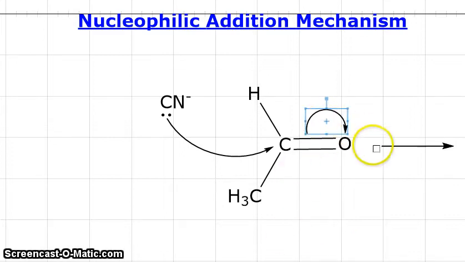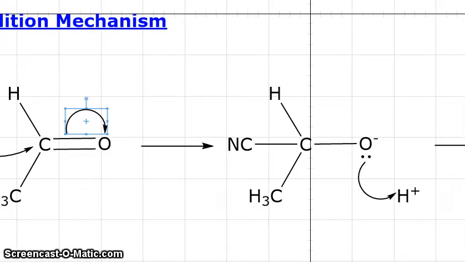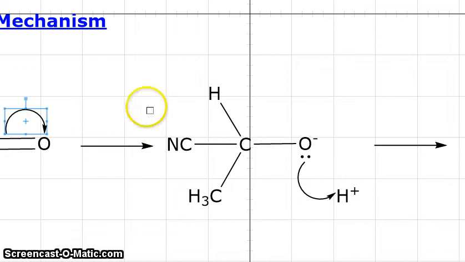Okay, so then we are left with this species here, which is this species with the cyanide attached now, making the covalent bond, and we've got a single bond between the oxygen and the carbon. Because that electron pair from this bond ended up on the oxygen, it has got a negative charge, and we show the lone pair of electrons.